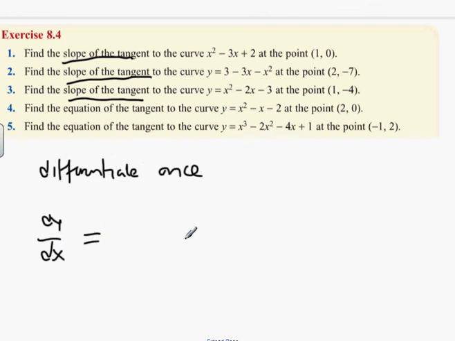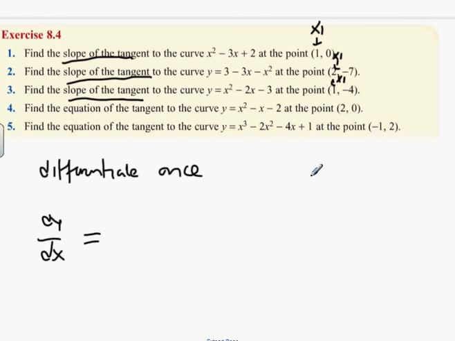Then whatever the dy/dx formula is, you substitute in the x1 value for x. So the first question is differentiate once, replace x with 1. Second question, differentiate once, replace x with 2. Third question, differentiate once, replace x with 1. That gets you the slope.